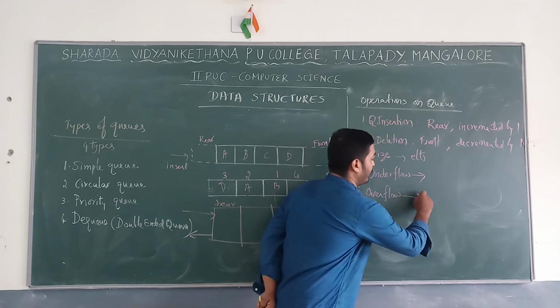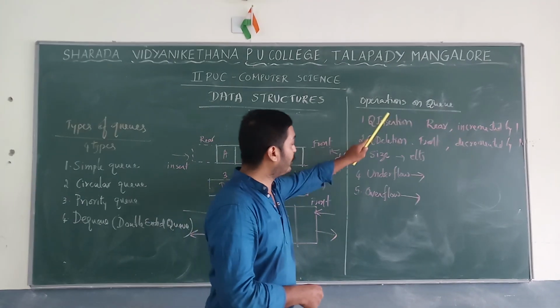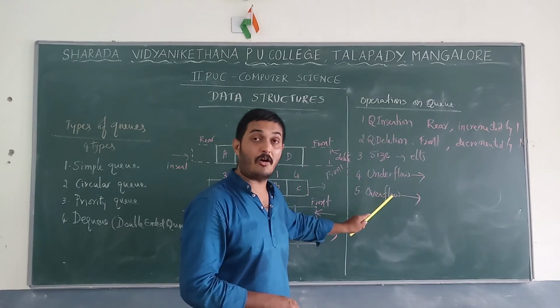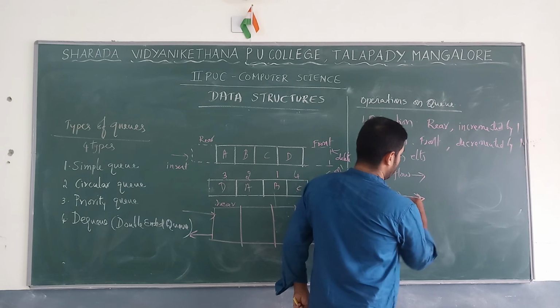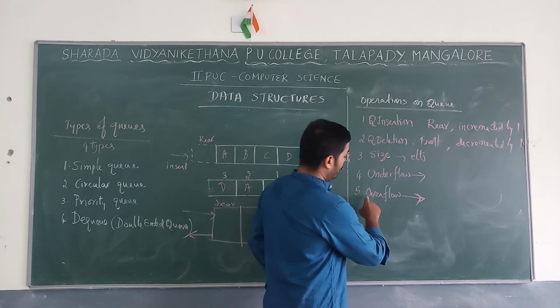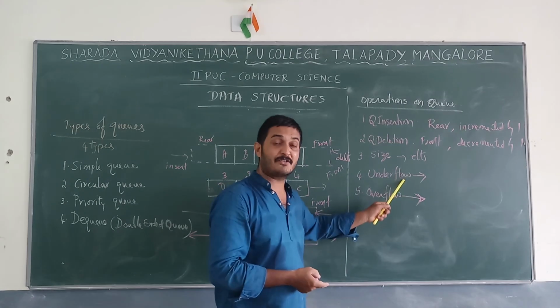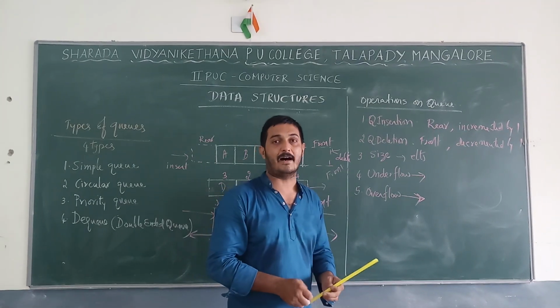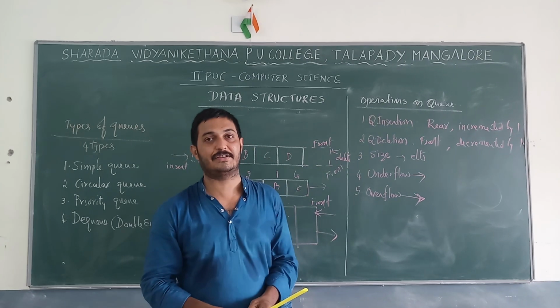Next, overflow checks whether the given queue is full or not. If it is full, it is not possible to insert. If it is empty, it is not possible to delete. These are the operations under queue data structures.